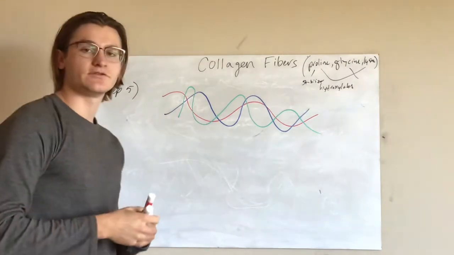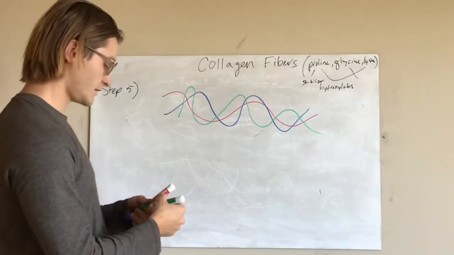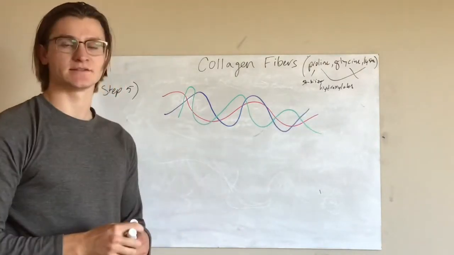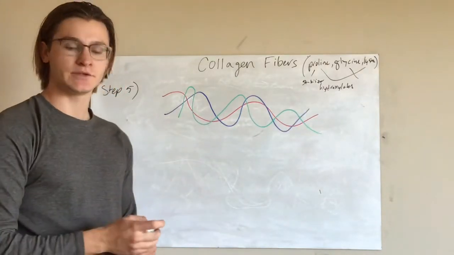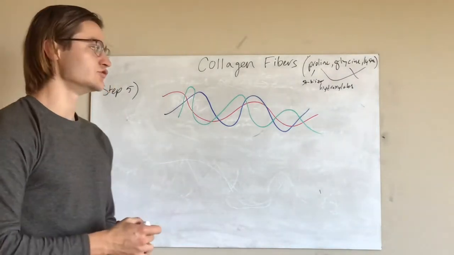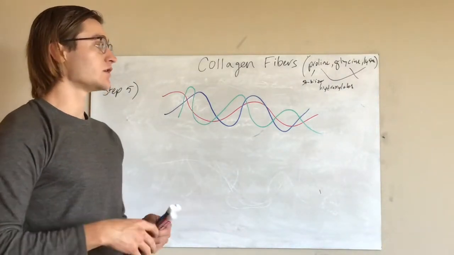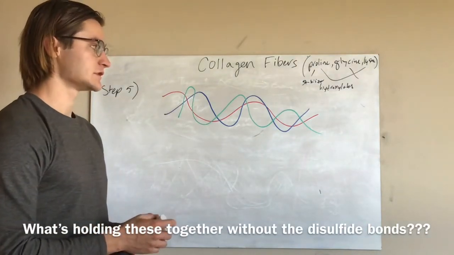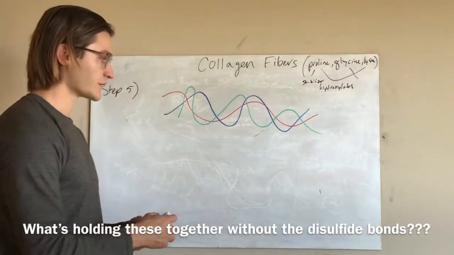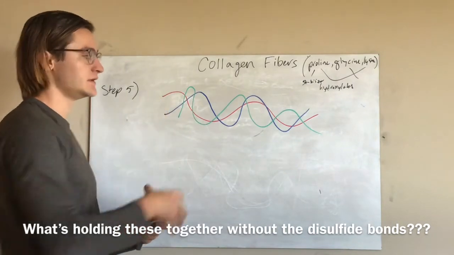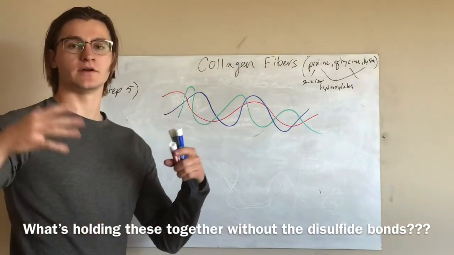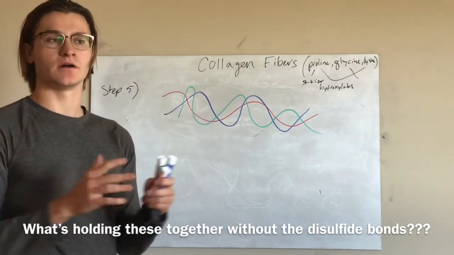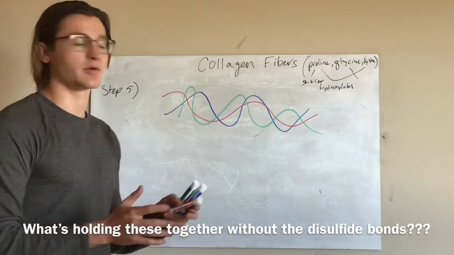So we have our collagen fibrils now, and they have been cleaved already. There's still going to be amines on this side, still going to be carboxylic acids on this side. It's in our extracellular fluid. What are we going to need to make this into a collagen fibril completely? We're going to need these to be connected, and I know they don't have the disulfide bonds anymore. So I know you're thinking, well, how come they don't just peel or tear apart?